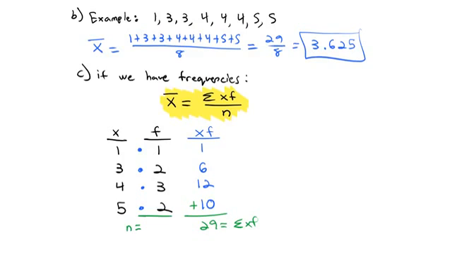So my sample size is 1 plus 2 plus 3 plus 2, which is equal to 8. So for my mean, again, we're doing 29 divided by 8 to get the exact same number of 3.625. But sometimes it's a lot quicker and easier if we have those frequencies given to us.